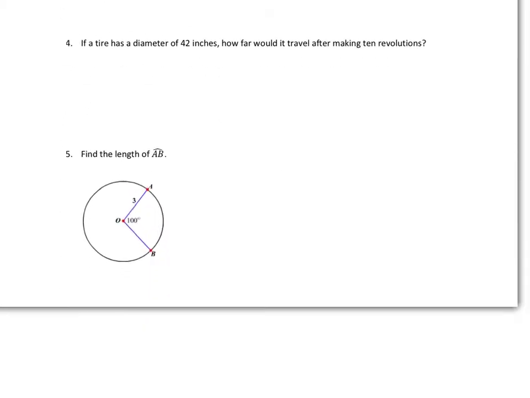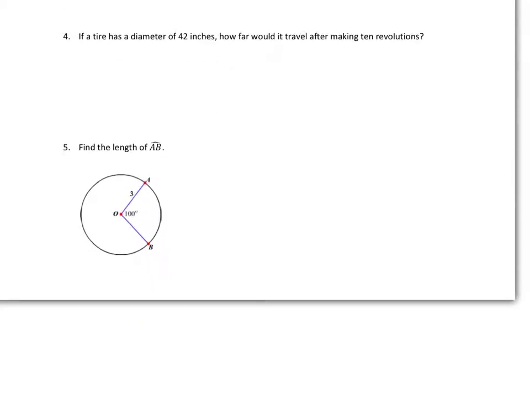Now, number 4 here, if a tire has a diameter of 42 inches, how far would it travel making 10 revolutions? Ten revolutions gives us a theta, right? We want to find the length that you're traveling after 10 revolutions, and 10 revolutions is just 360 times 10, which is 3,600.